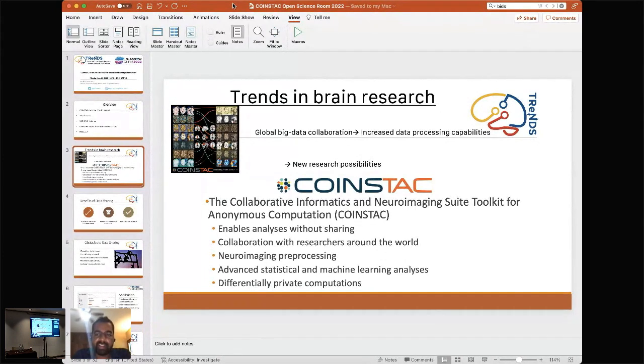Where COINSTAC comes in is it presents a platform that allows different sites to collaborate on big data projects without having to share their physical raw data with each other. Users can collaborate on a project and run an algorithm or a computation, as we call it in the COINSTAC framework, on their data.